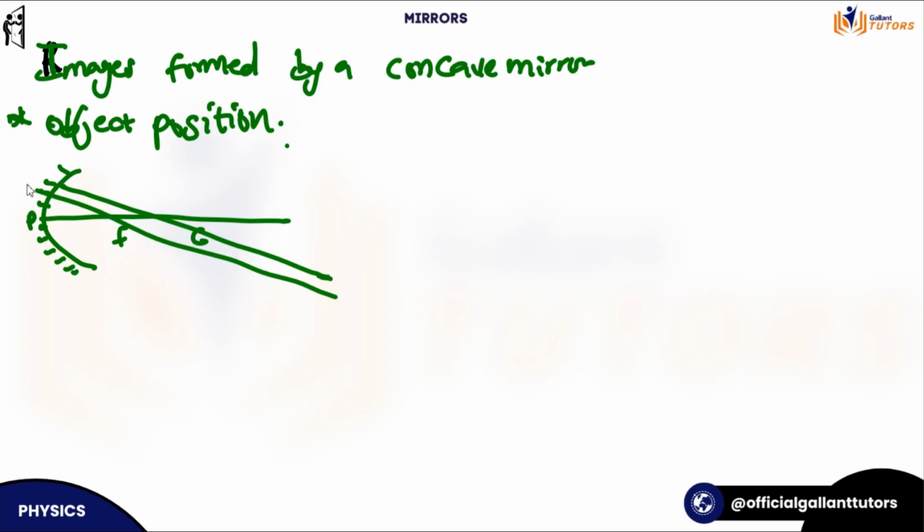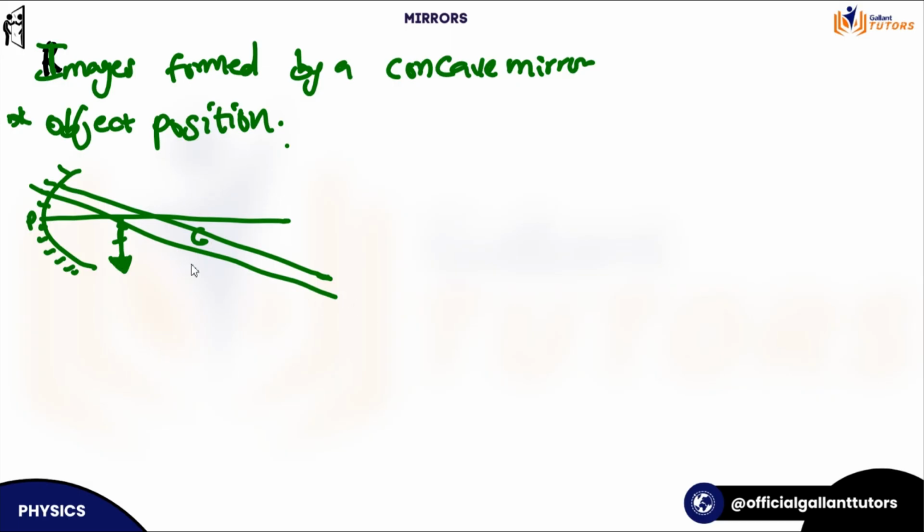When they come from this part, it forms a diminished image, a small image. Do you get the concept? It forms the small image at F, from infinity.